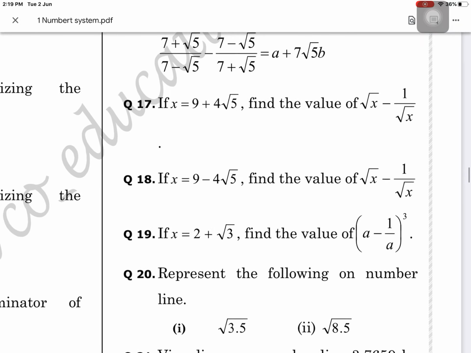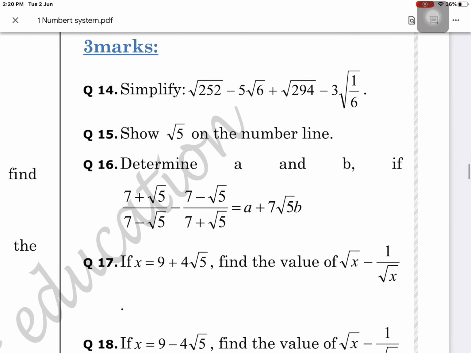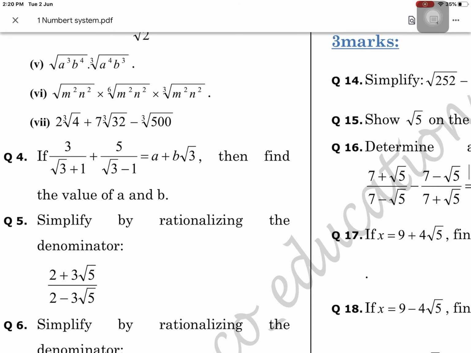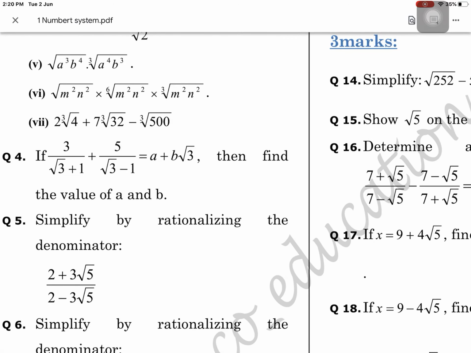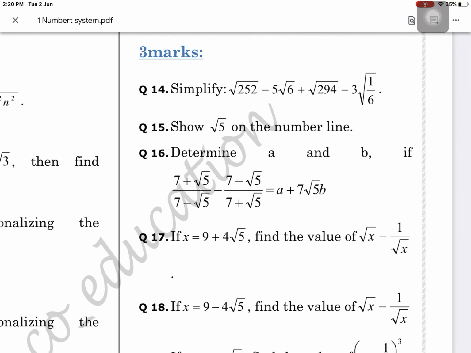Here x is 9 plus 4 root 5, and you have to find under root x. This question number 16 you can do the same way we did question number 4. You may see this again by replaying the video. Also you can go to the previous Friday lecture to understand question number 14 well.